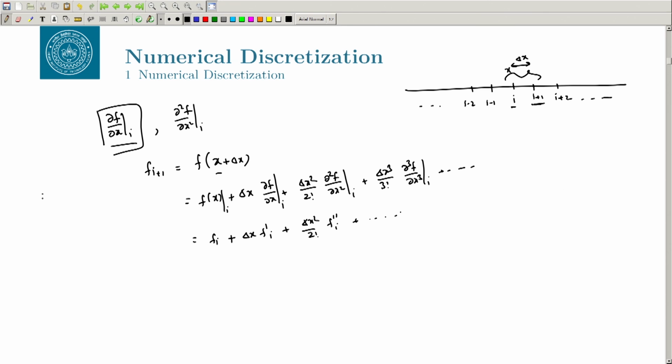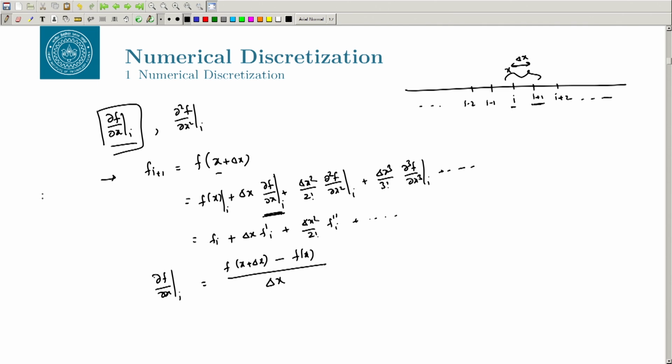Now, what do you want to get? You want to get del f by del x at I. So, you can use this equation. You can take this on the left side, and del f by del x at I would become f of x plus delta x minus f of x by delta x.